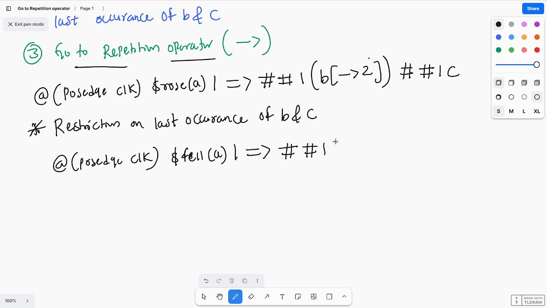I can give a range also. How to give the range? B with the go to repetition operator 1 to 4, again with one cycle delay, C. Okay, is it fine?